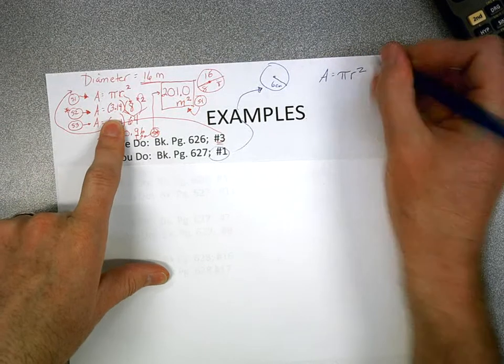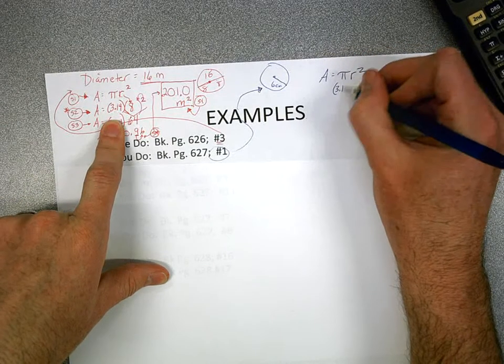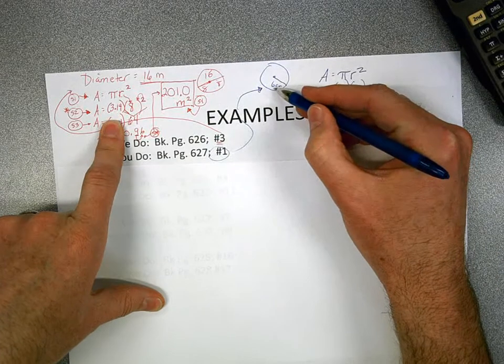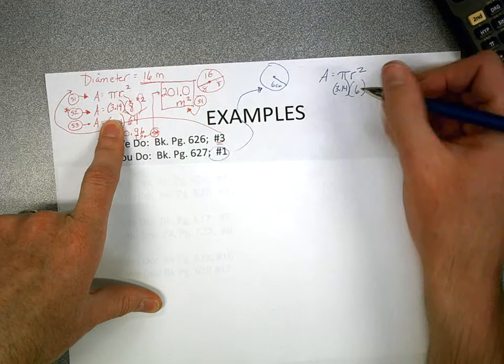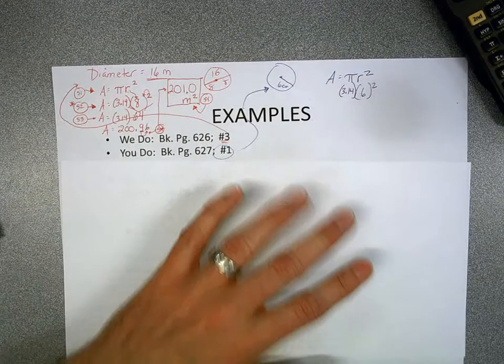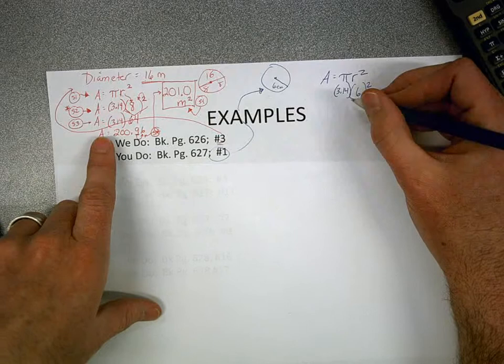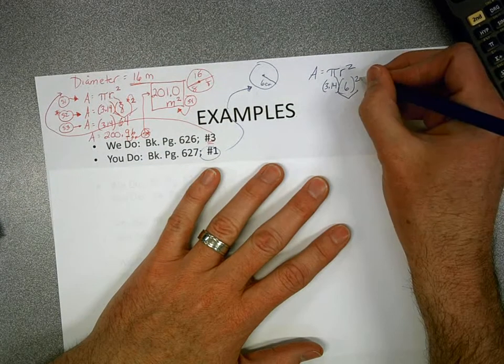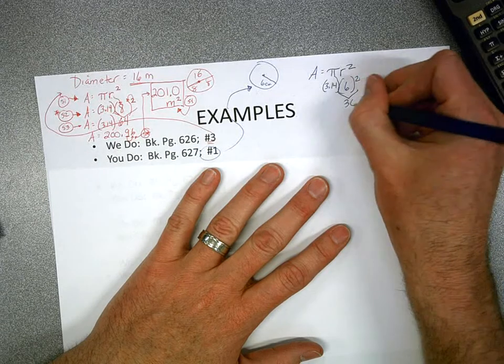Step 2, plug the numbers in. Pi is 3.14. Be very careful with this part. Radius actually is what they gave us. It's actually 6. We don't have to split it in half or double it or anything else. They actually give it to us. So 6 squared. When I simplify, step 3, I do my exponent first. So 6 squared is 6 times 6, which is 36.